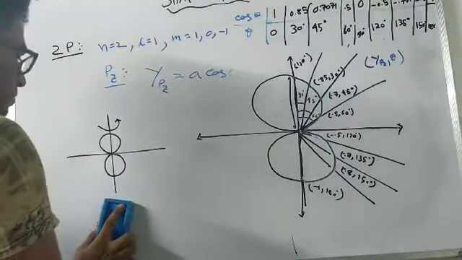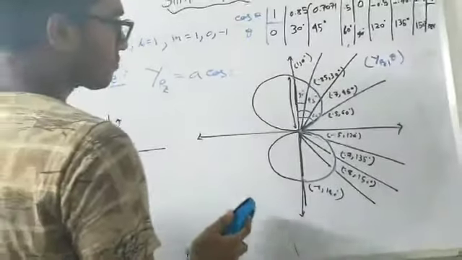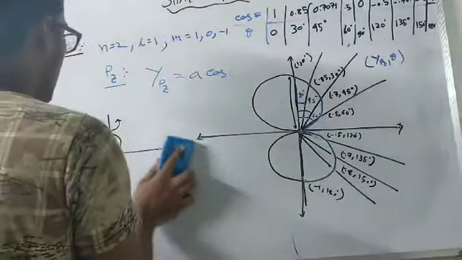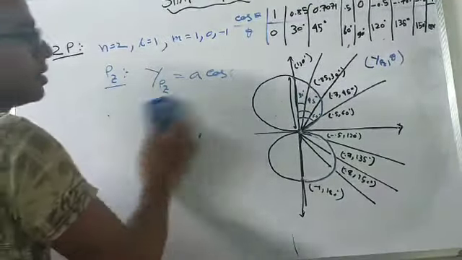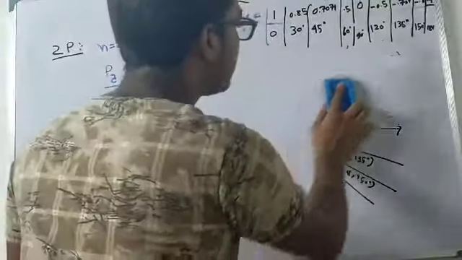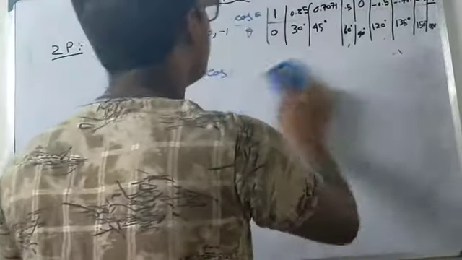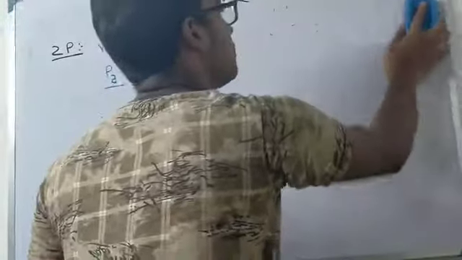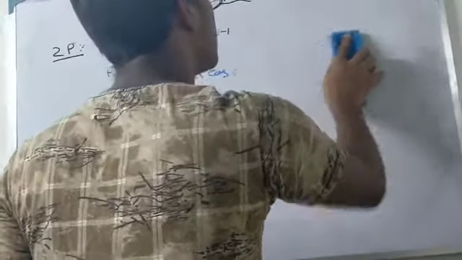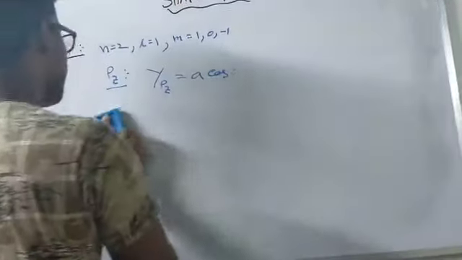Now, why are these orbitals called px, py, pz? Why is this called pz?